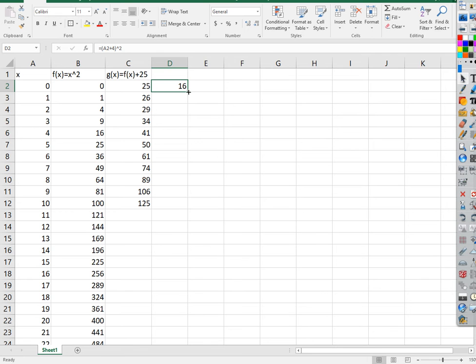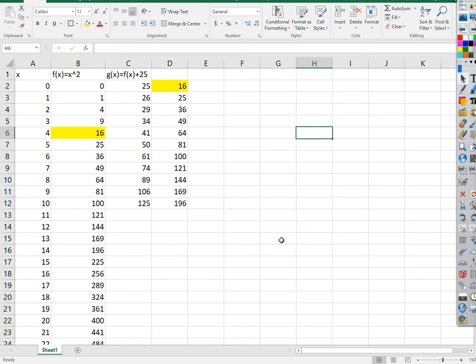Okay, what do you notice about that? So there's a 16 as my output. There's a 25. Where do you see those? Right there. Okay, so that goes with that, right?